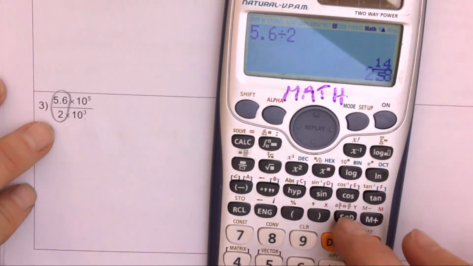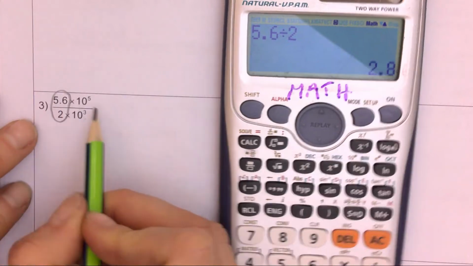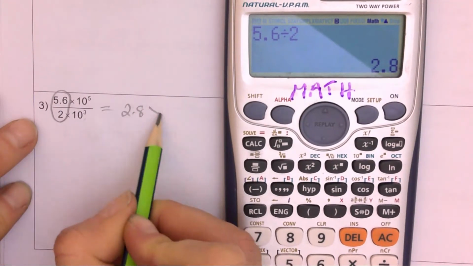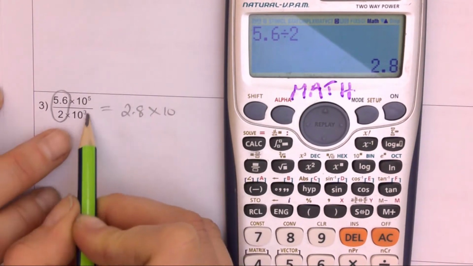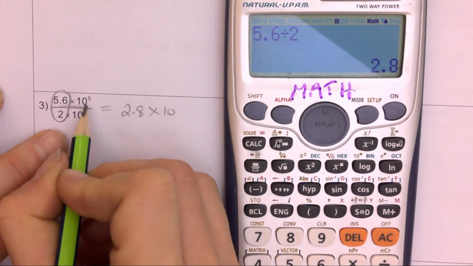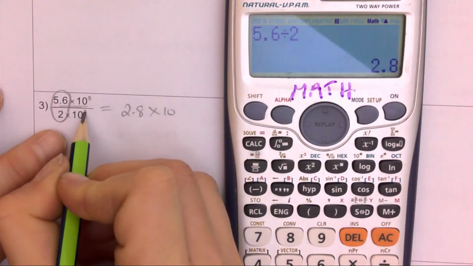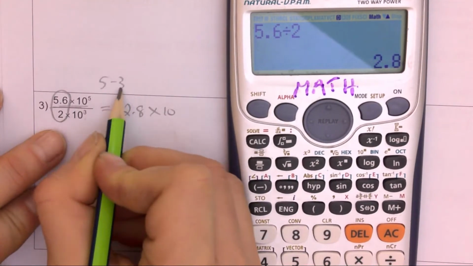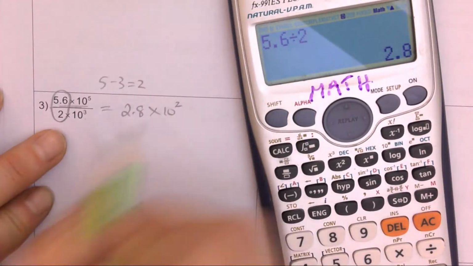So SD 2.8. So when I divide this, it's equal to 2.8. And when I have divide for my exponent rule, I subtract. So 5 subtract 3 equals 2. So the exponent on my 10 is 2.